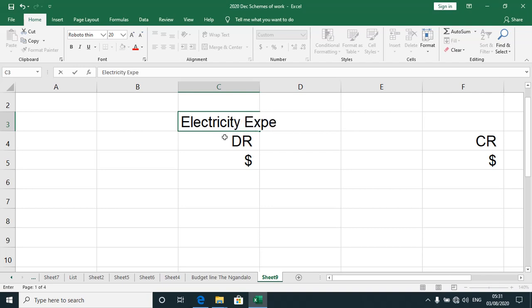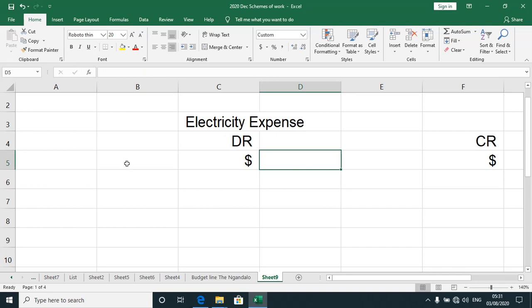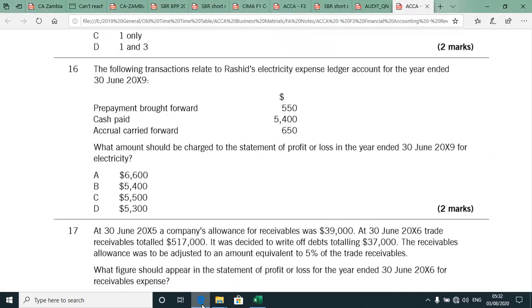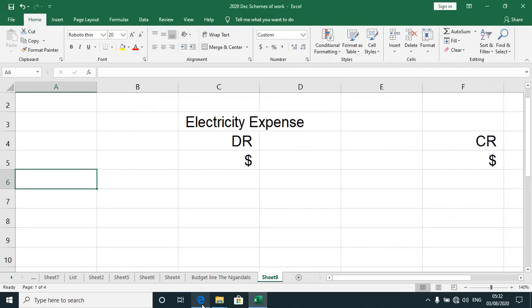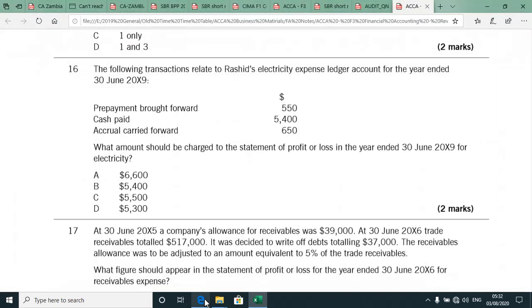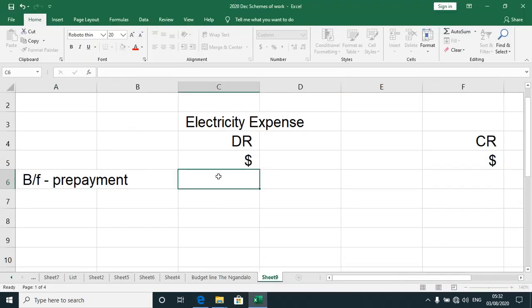Expense account. Okay, so again here, brought forward, not arrears, but advance. Let me just follow the question, please. We have got a prepayment brought forward of 550. The brought forward prepayment should be put on the debit side, please. 550 it is.